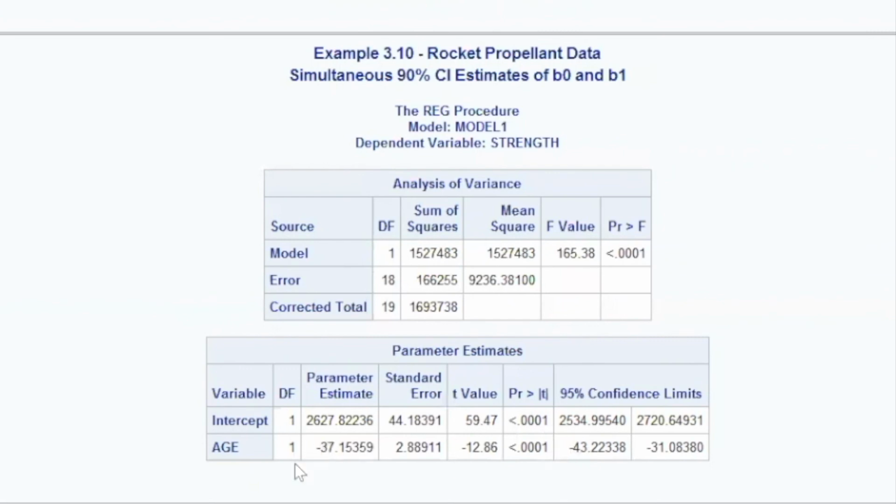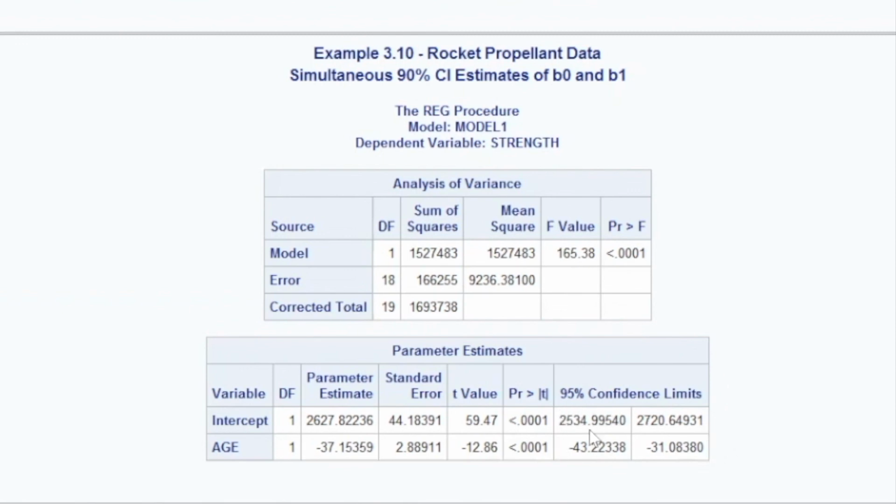So for example, the lower endpoint for the confidence interval for beta 0 is 2534.9954. The upper endpoint is 2720.6493. And then for beta 1, the lower confidence limit is negative 43.2234 approximately, and the upper endpoint would be negative 31.0838. So individually, these are 95% confidence intervals.